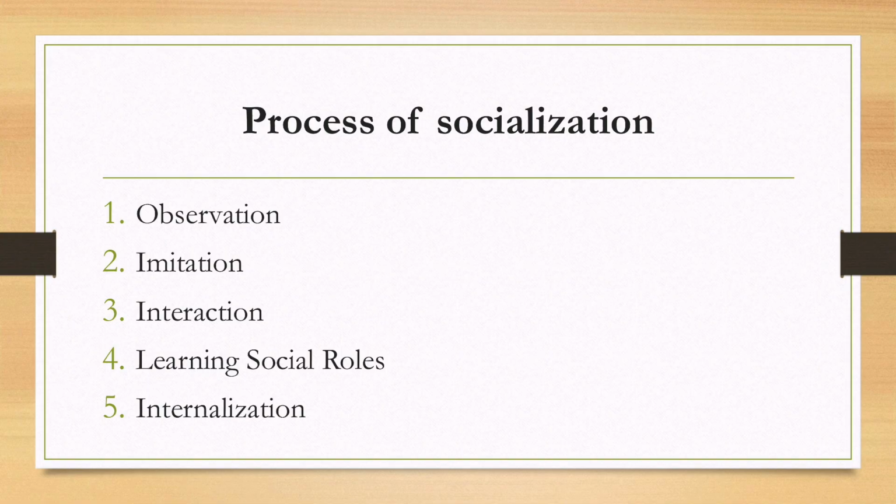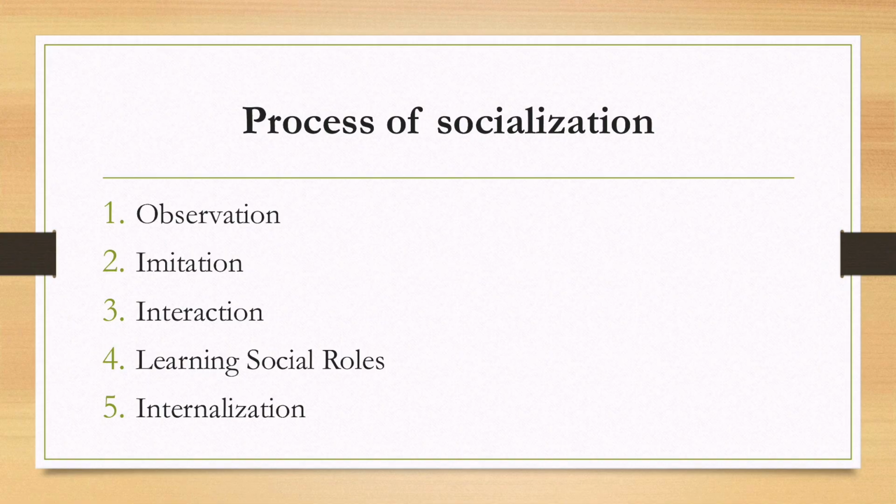The next process is interaction. Learning occurs through communication and interaction with others. For example, students learn teamwork by interacting with classmates. The next one is learning social roles. People learn their duties and expectations associated with different roles in society.